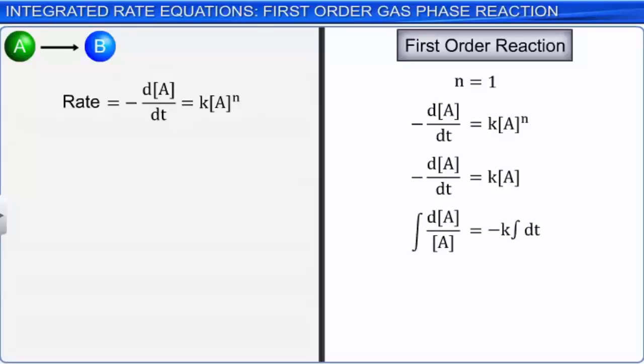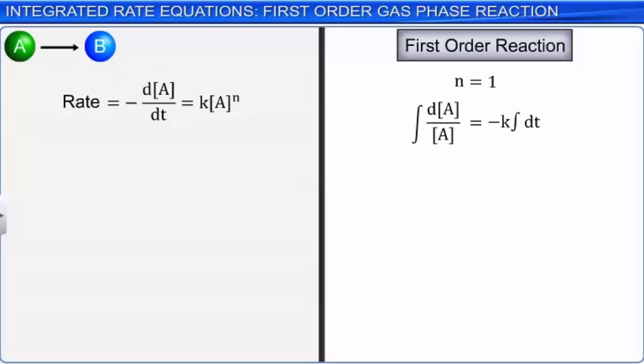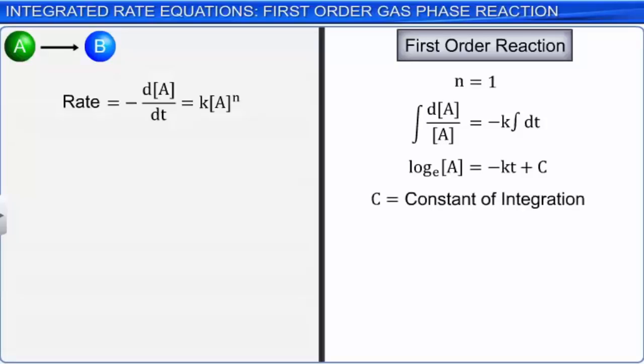Integrating both the sides, we get log concentration of A to the base e is equal to minus k multiplied by t plus C, where C is the constant of integration. Let this be equation 3. Let the concentration of reactant A be A0 at time t is equal to 0.